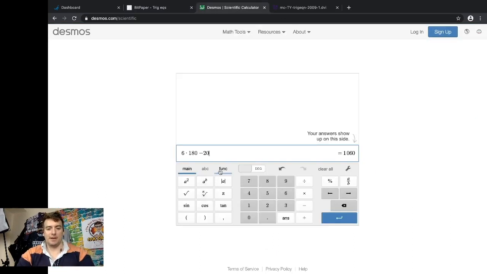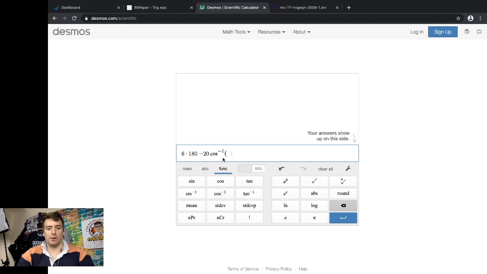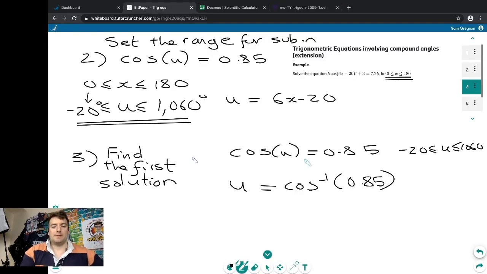That's fine. So if we do cos to the minus 1 of 0.85, that will be 31.8 degrees. That's found us the first solution, right?